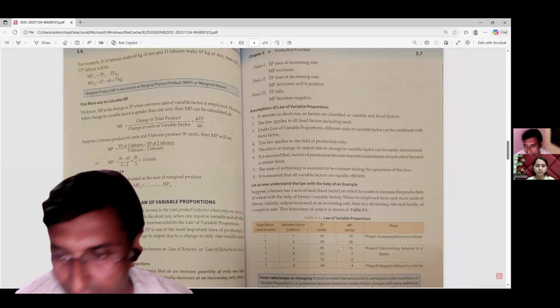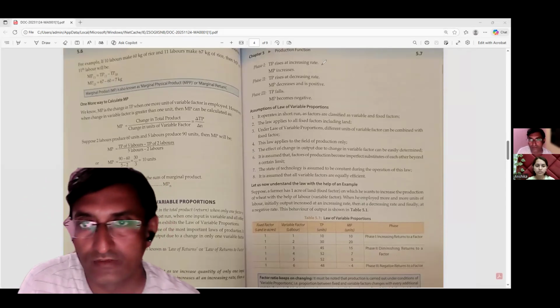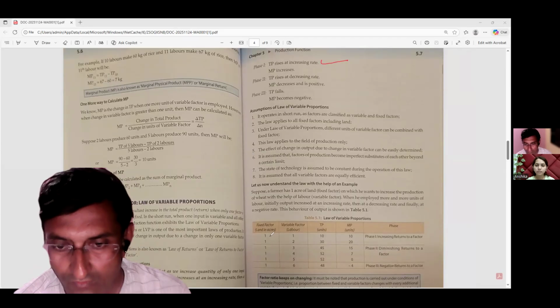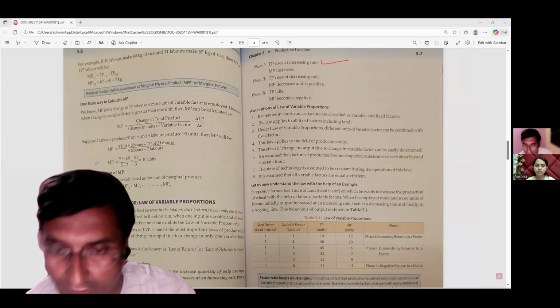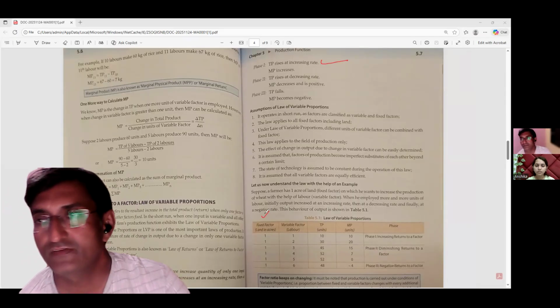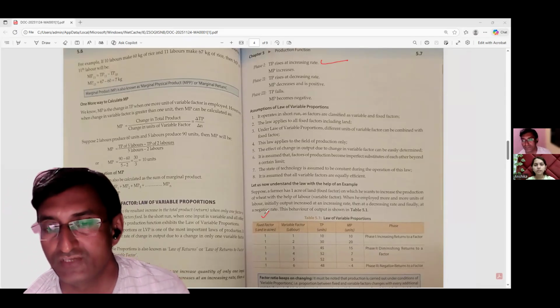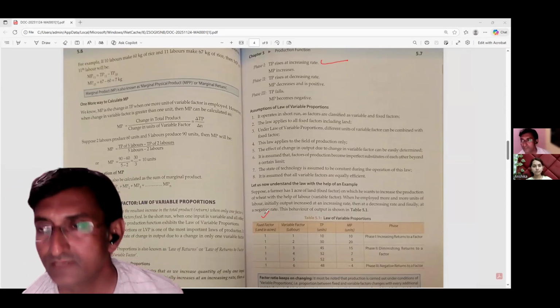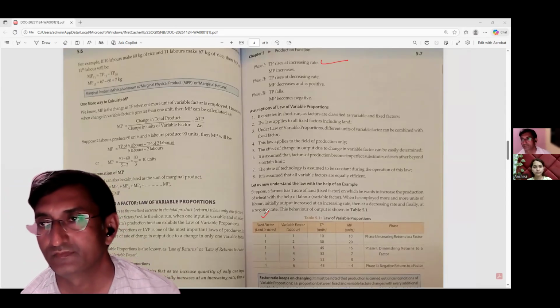Now, let's discuss phase 1. See, your fixed factors everywhere remain the same. They will not change at all because fixed factors remain constant. They never change. That is why it is called fixed.